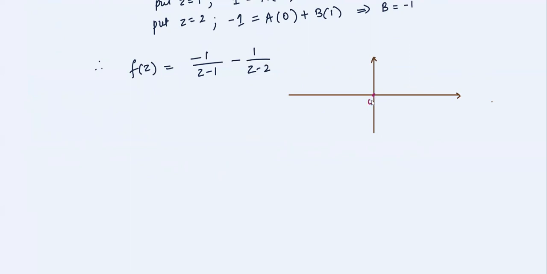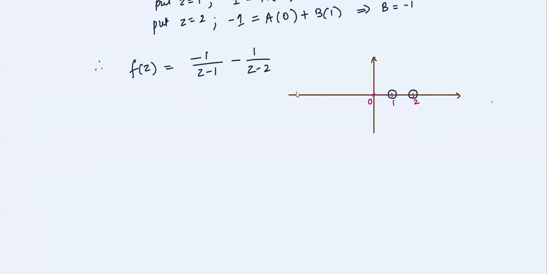Now we have to expand about 0, but 1 and 2 are the poles. So if we have to expand about 0, 0 is not a problem. But these are the problems, 1 and 2. So we can do an expansion such that one of them is included.